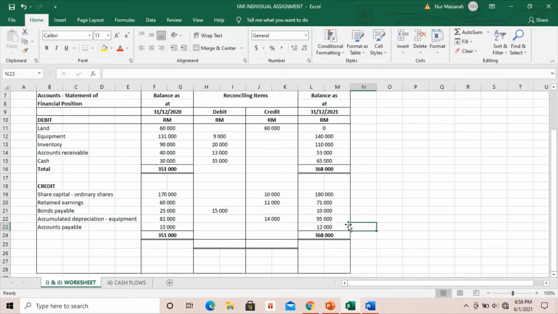Then for accounts payable, 15,000 minus 12,000, we will get 3,000 at the debit side. And then we total it. For debit, the total is 95,000. And then for credit, also 95,000.